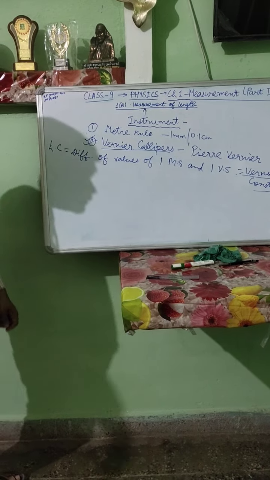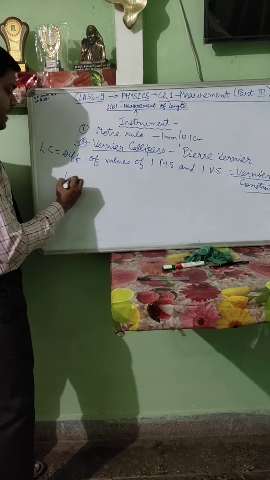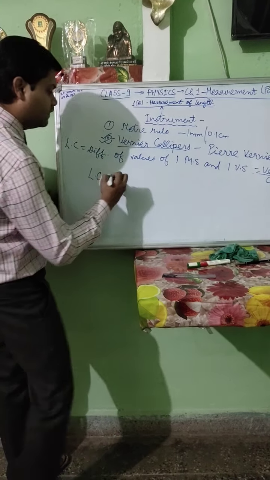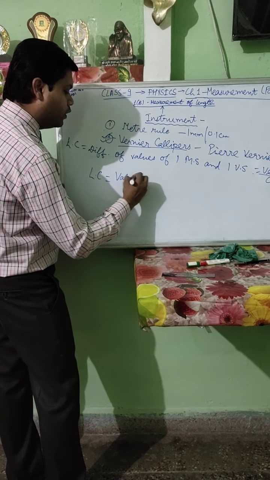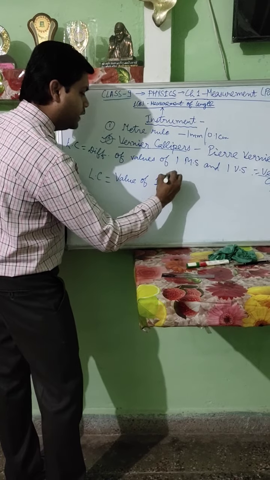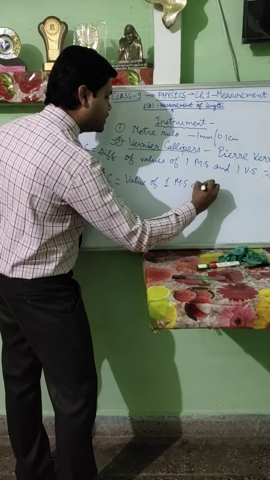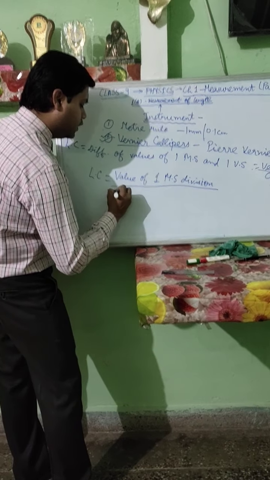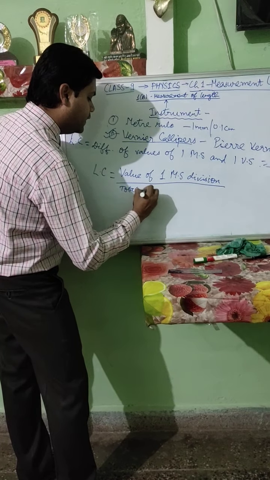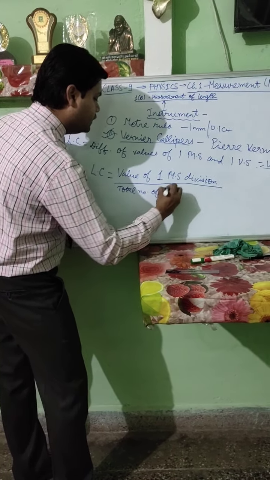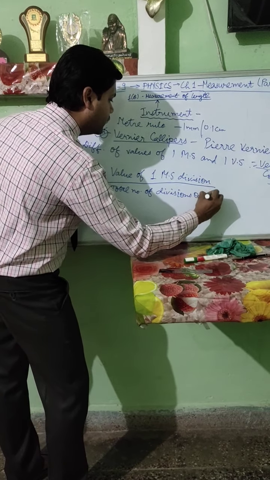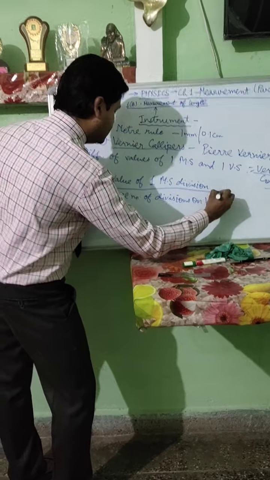The formula which we will be using for finding out the least count of vernier calipers is value of one main scale division upon total number of divisions on vernier scale.